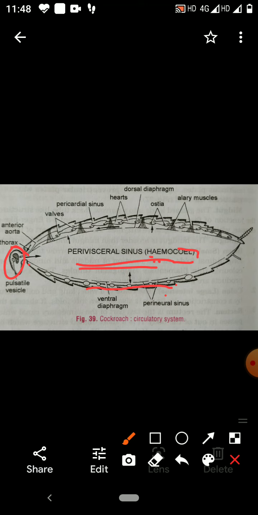And again when blood is coming into the pericardial sinus, in this the heart is present. So blood will enter through the ostia into the pulsating heart, then from the pulsating heart through the aorta it will pass into the other. So from posterior to anterior, in this pericardial sinus there are 13 hearts present in this region.